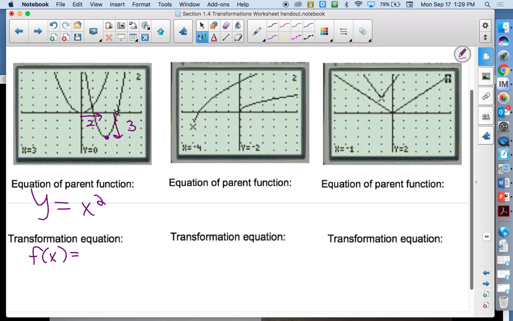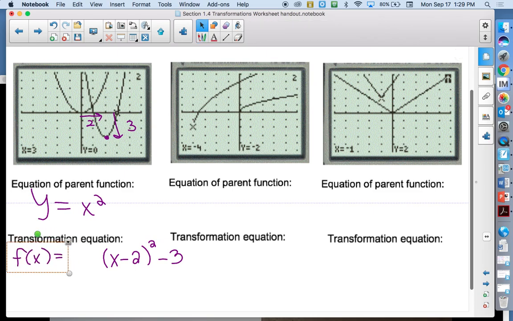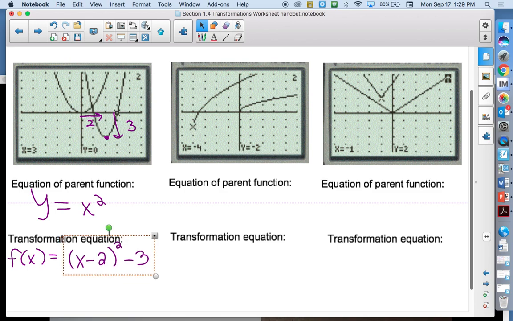So if you're moving right, what does that look like when you move right? It'd be minus 2. Right, x minus 2 squared, and then you said minus 3. Okay. So he told me right 2, which really means x minus 2. And then he said down 3, so that's the minus 3.